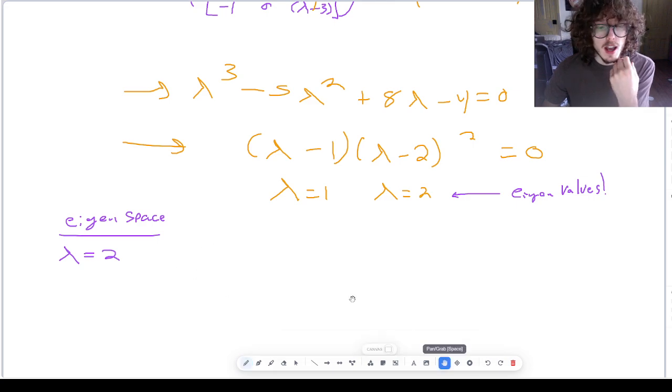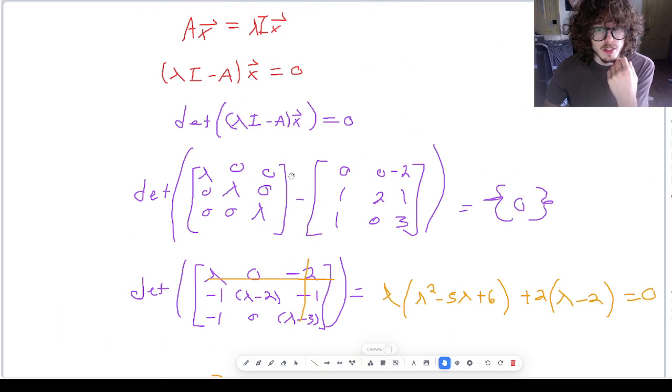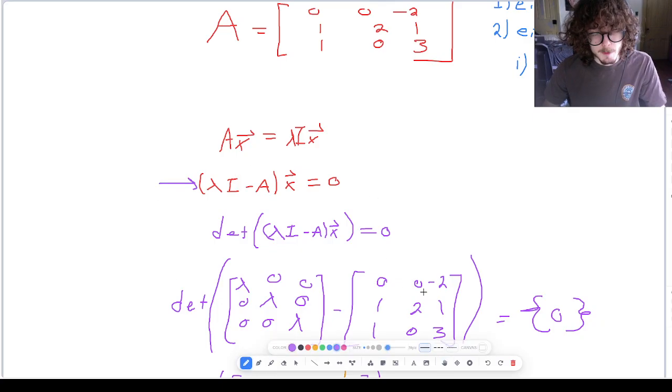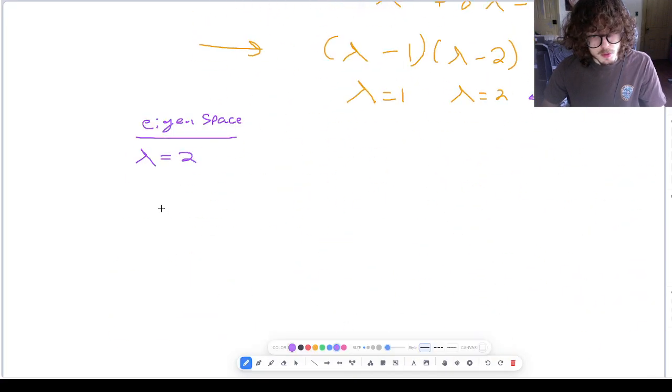We're going to take the eigenvalue and plug it in here before we take the determinant. That was kind of in our scheme that we talked about. So let's do that. What we do is we put a diagonal of 2's, right? Because that's our eigenvalue.